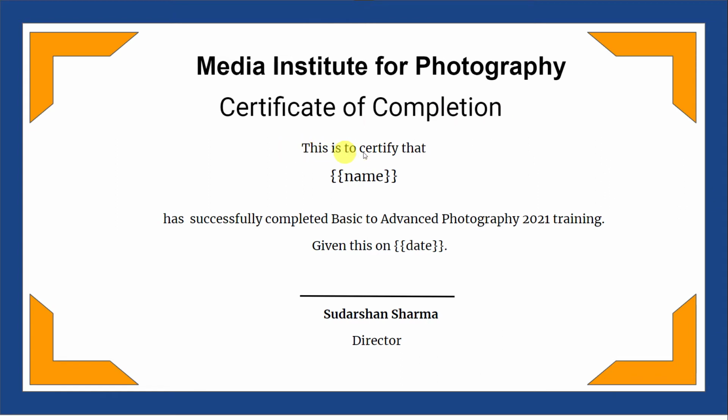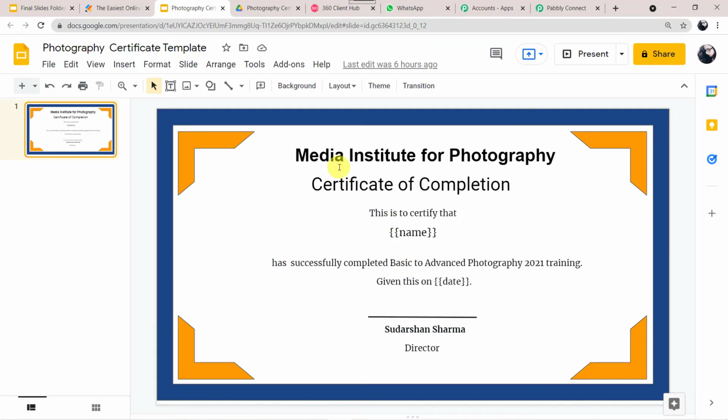This is to certify that here the name of the student will come, has successfully completed basic to advanced photography 2021 training. Given on the particular date, which will come over here. Sudarshan Sharma, director. We are going to use this certificate template now. The name of this template is Photography Certificate Template.